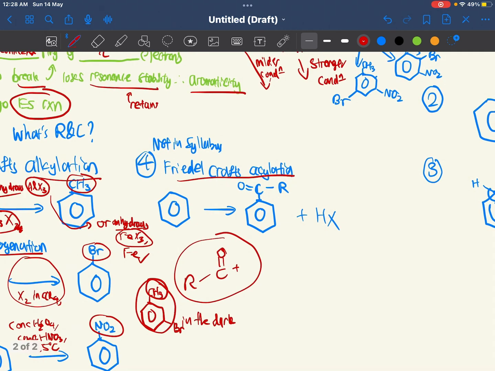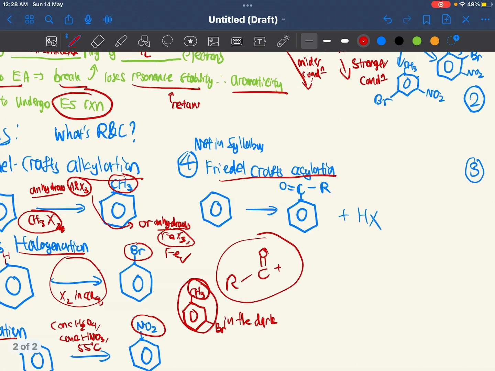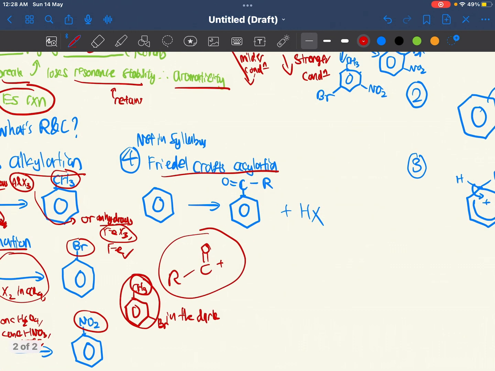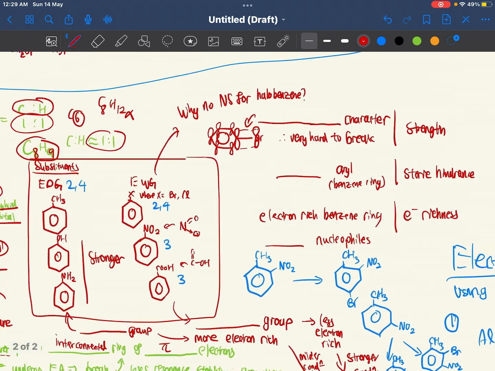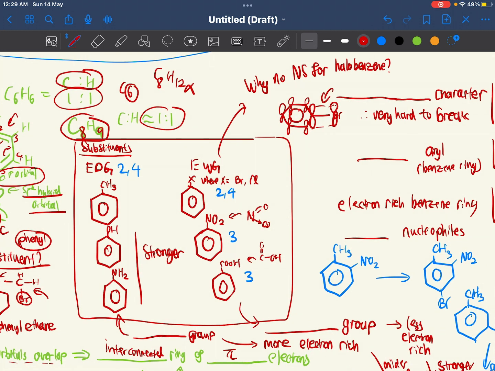For Friedel-Crafts acylation, it's more or less the same set of reagents as Friedel-Crafts alkylation, except we use an acyl halide here. Now looking at our substituents, we have two types that can attach to our benzene ring, and these are also the substituents that will test us in our concept of acidity and basicity.